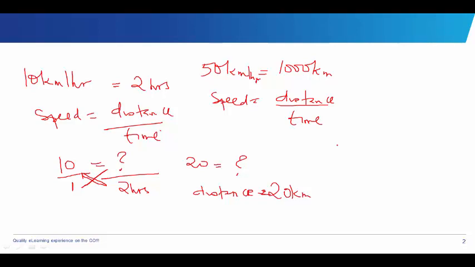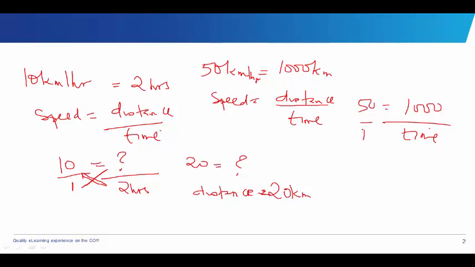So now we have 50 kilometers per hour and the distance as 1,000 kilometers. So we're looking for the time. So this is how we express it: 50 equals 1,000 over the time.